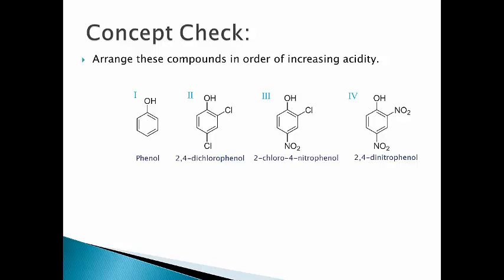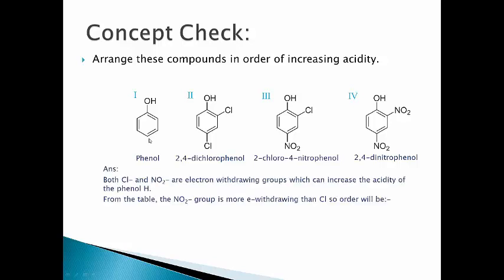The most electron withdrawing group is your NO2, and this compound has 2 of them. So this would be the most acidic. This one has 1 of them and 1 chlorine, so it'll be the next. This one has 2 chlorines, still very acidic. Phenol, not very acidic. So you'd go 1, 2, 3.